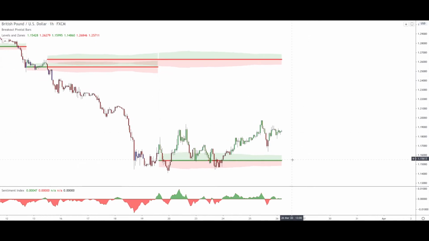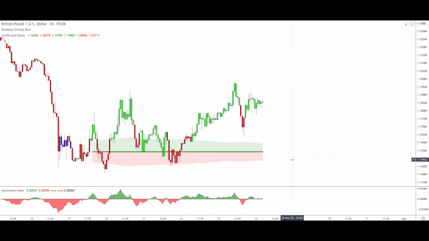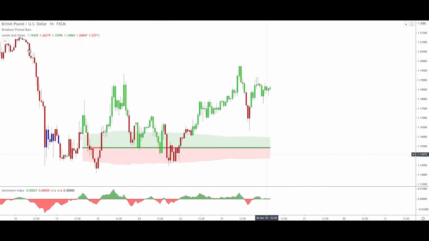What I'm particularly interested in is this kind of setup. So we have an impulse here, okay, and then we have a consolidation here.